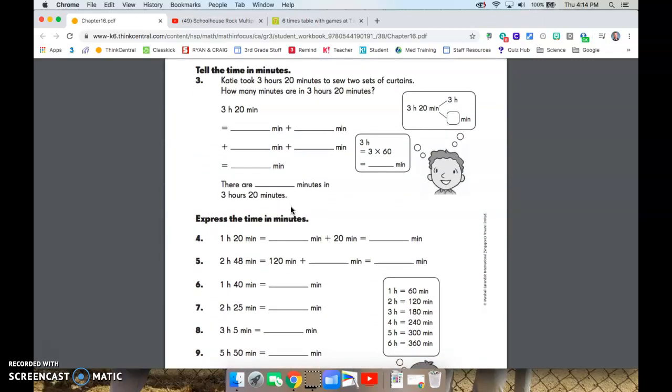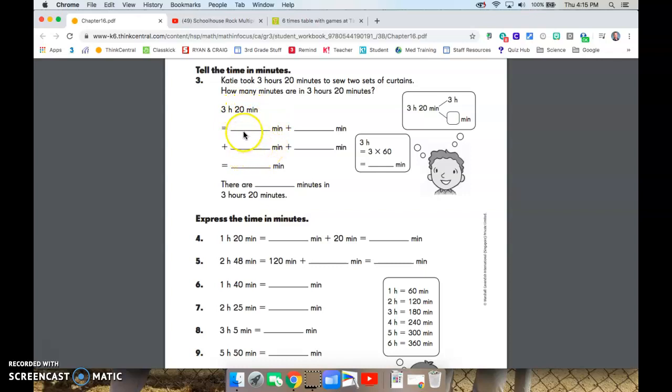So Katie took 3 hours and 20 minutes to sew 2 sets of curtains. How many minutes are in 3 hours, 20 minutes? So you have 60 minutes plus 60 minutes plus 60 minutes for the 3 hours. So 60, 60, 60 plus the 20 minutes that you see right there.